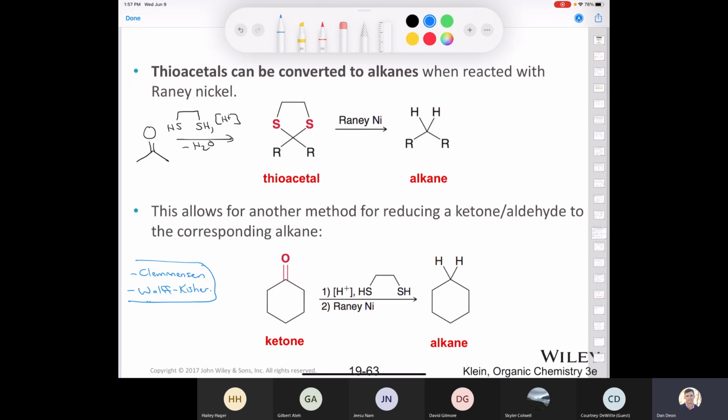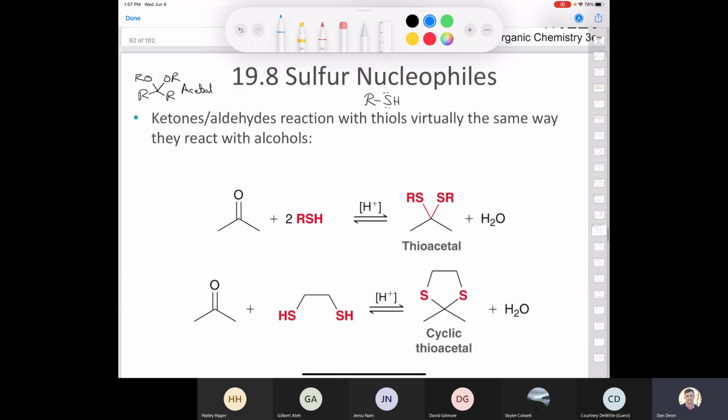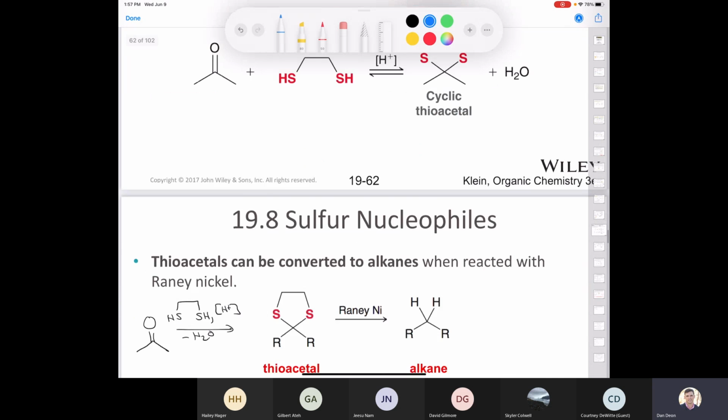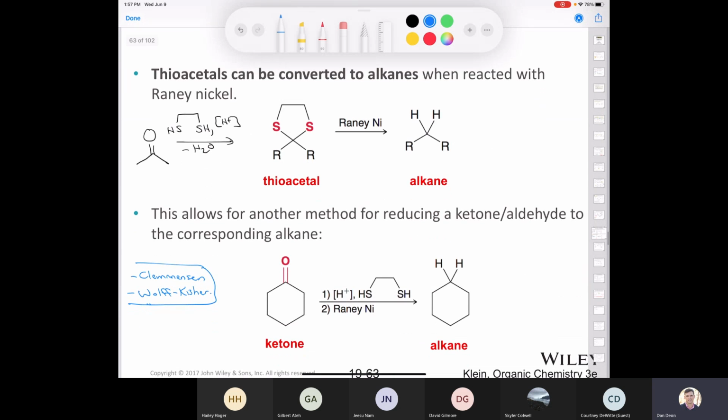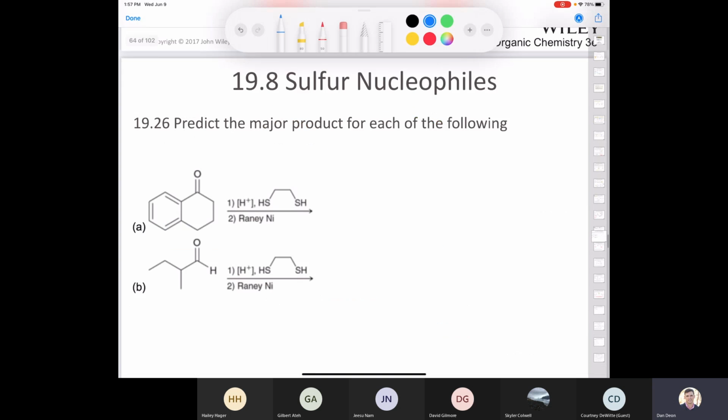And this is something that's going to come up more and more in organic chemistry: we learn more than one way to do a particular transformation. Why? Because a good organic chemist will always have a couple of ways or a couple of ideas as to how to affect any transformation in the lab. Well, with those two slides in mind, literally two slides, the formation of the thioacetal and then the reduction of the thioacetal using Raney nickel, let's take a look at a question.